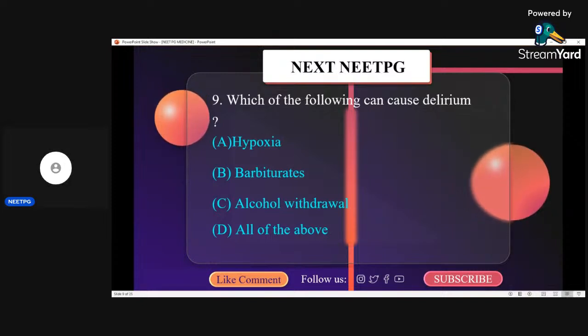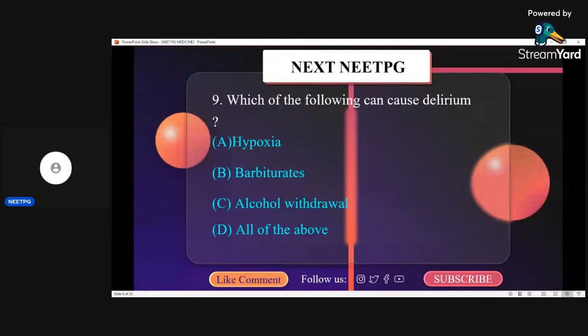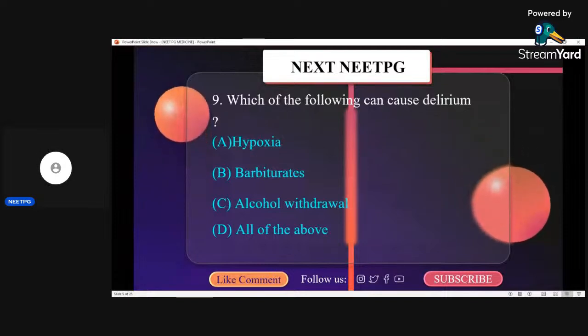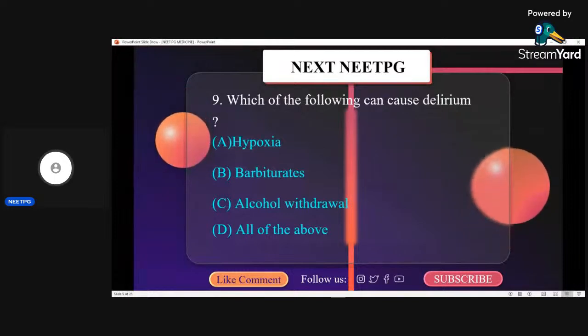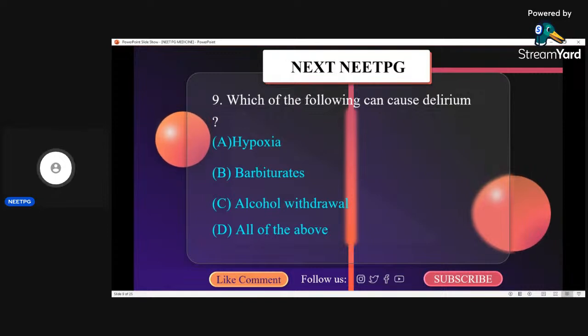Then convulsions, drug withdrawal, alcohol, sedative withdrawals, hypnotic withdrawals, nutritional deficiency, vitamins, thiamine, pyridoxine, niacin, B12, folic acid, protein, others, sleep deprivation, post-operative, then seizures. So hypoxia, barbiturate, alcohol withdrawal can all cause delirium. So the correct option is all of the above.